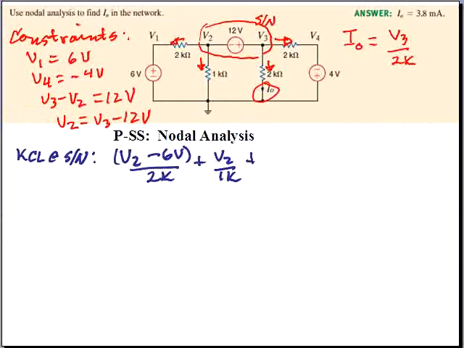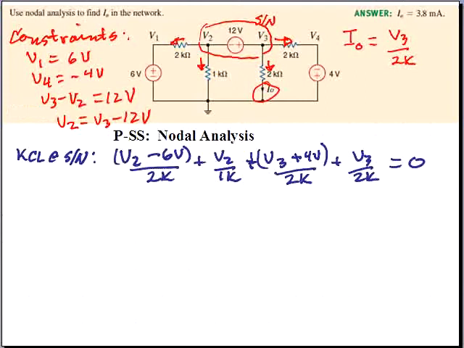And then at the right end we have plus V3 minus V4, but we see that V4 is minus 4 volts, so this becomes a plus 4 volts here. And that's divided by 2K. And then the downward flowing current is V3 divided by 2K, and that sum should be 0.